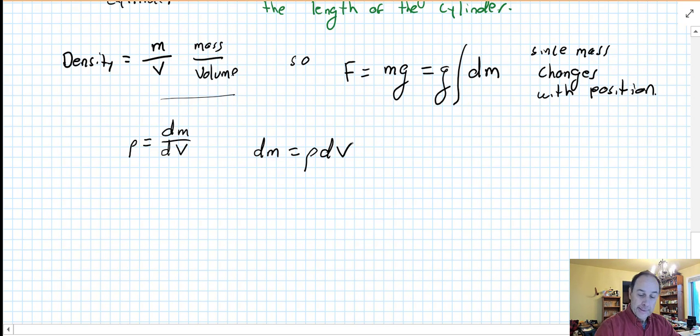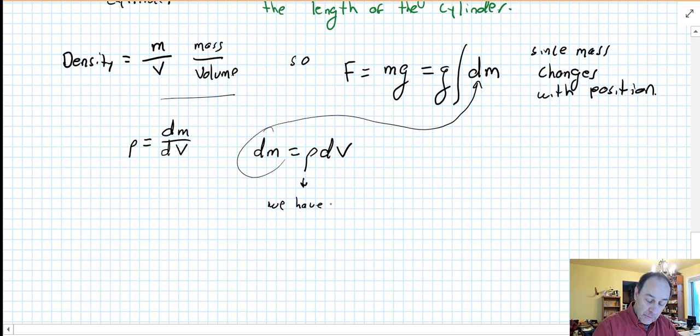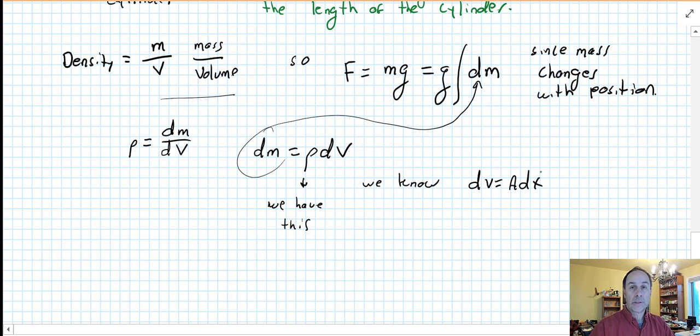Now we're looking for this, so we have this: we have a function for density. And we also know volume, because this is a cylinder of constant area. So we know that dV is going to equal the area, because that's constant, times dx, the differential distance.